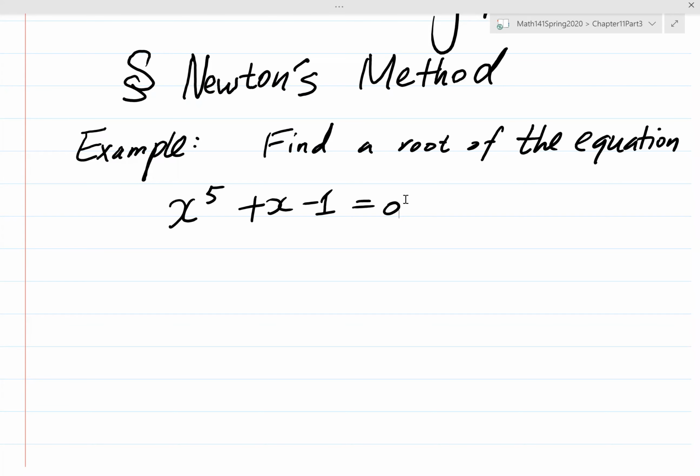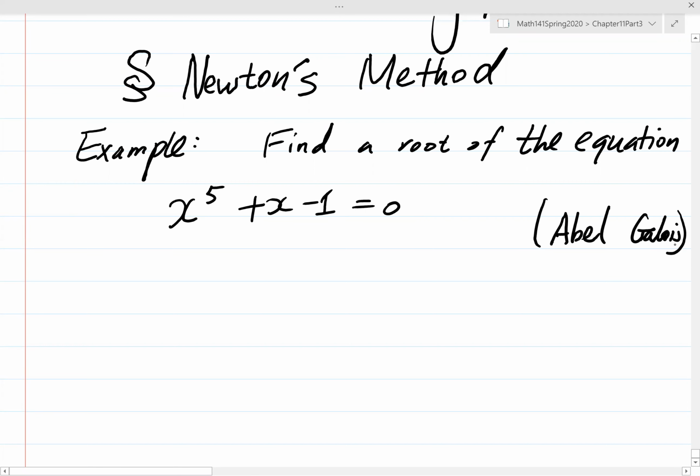This is a milestone of modern mathematics. This is the work of Abel and Galois. They died really young, two mathematicians. Galois is French. They proved that in general, degree 5 equations cannot be solved by radicals. So we cannot solve this by radicals.